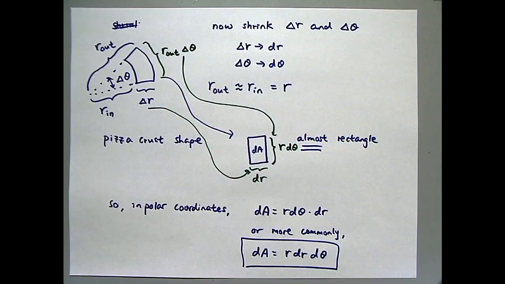And this is the key. You've got to remember the differential element in polar coordinates is r dr d theta, whereas the differential element in rectangular is dx dy or dy dx.